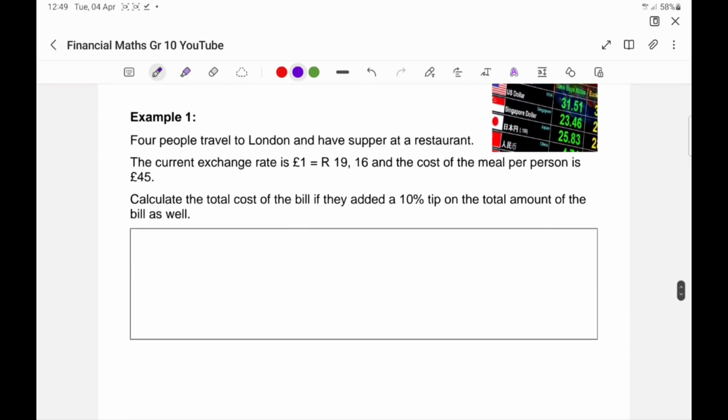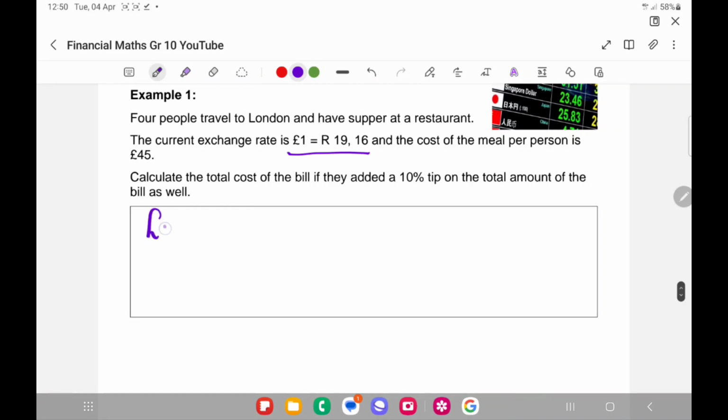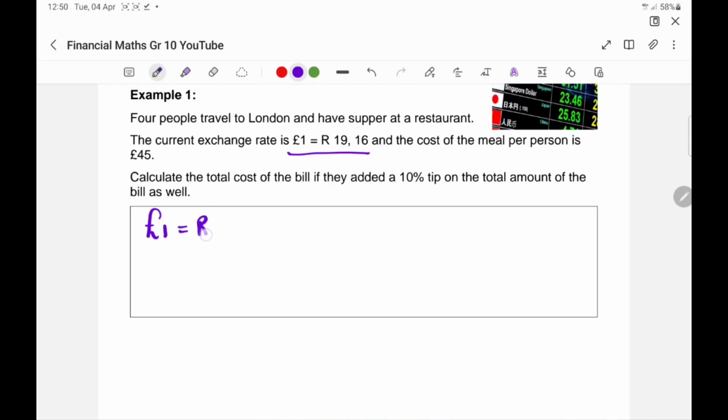So, for example, 4 people travel to London and have supper at a restaurant. The current exchange rate is £1 is 19 Rand 16, and the cost of the meal per person is £45. So we always write down what we have. Let's quickly work out the cost per person.